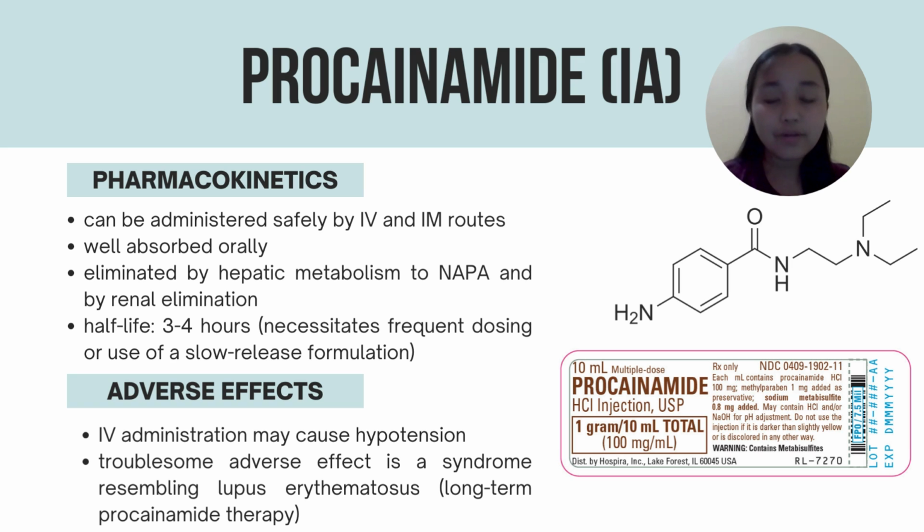Take note of this: although procainamide is effective against most atrial and ventricular arrhythmias, many clinicians attempt to avoid long-term therapy because, aside from the requirement of frequent dosing, the significant or troublesome adverse effect of long-term procainamide therapy is a syndrome resembling lupus erythematosus, which is the most common type of lupus.